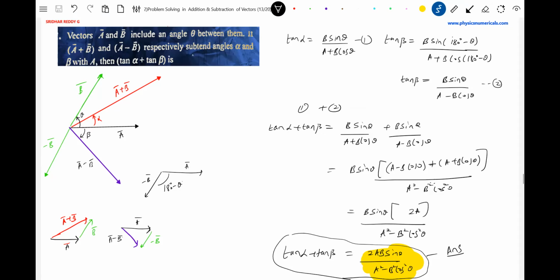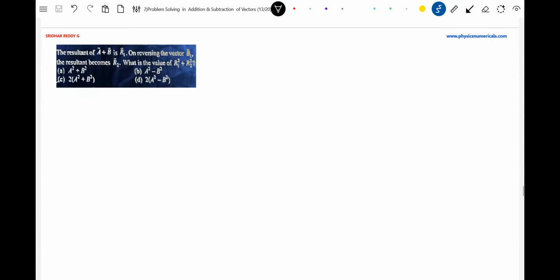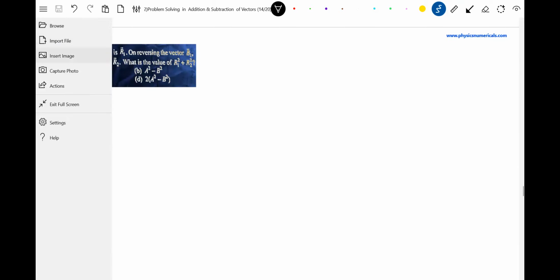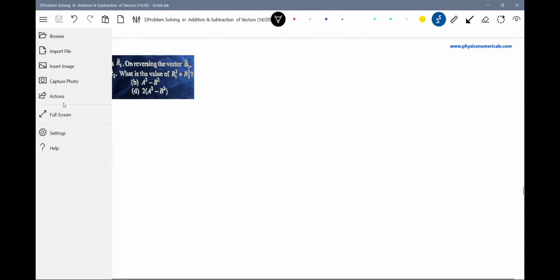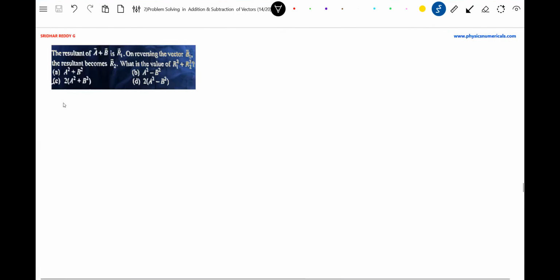Let me shift to the next question. The next question is: the resultant of A bar plus B bar is R1. On reversing the vector B bar, the resultant becomes R2. What is the value of R1 square plus R2 square?